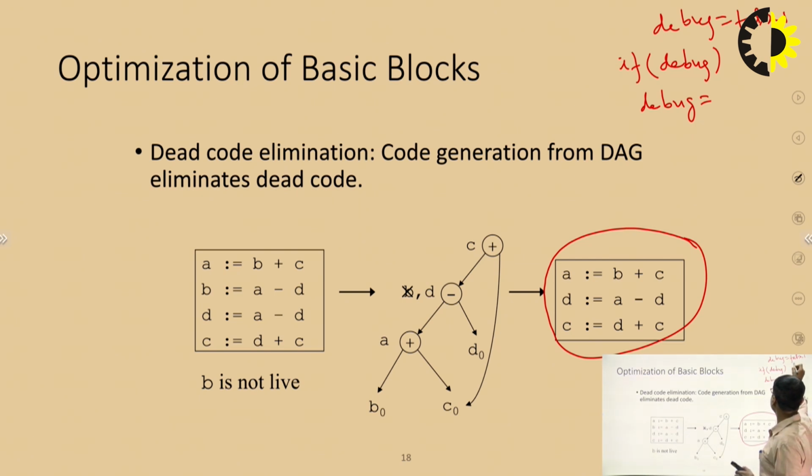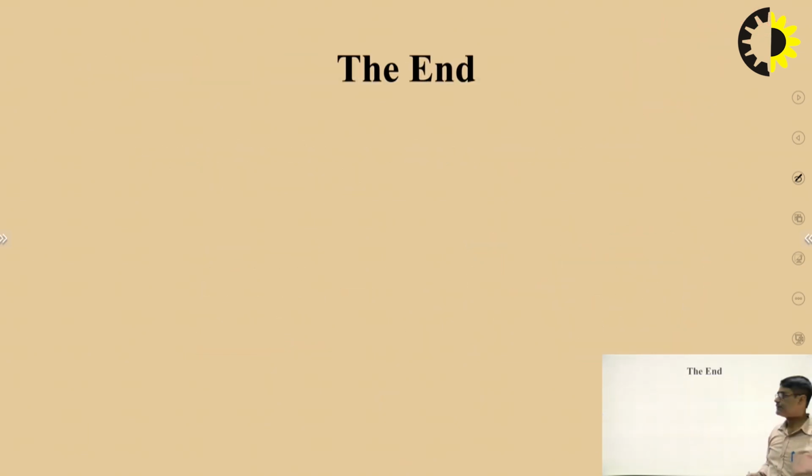If debug is false, then there is no need for this condition. That is called dead code elimination. So these are the complete advantages of the directed acyclic graph. We will discuss another kind of optimization in the next lectures.